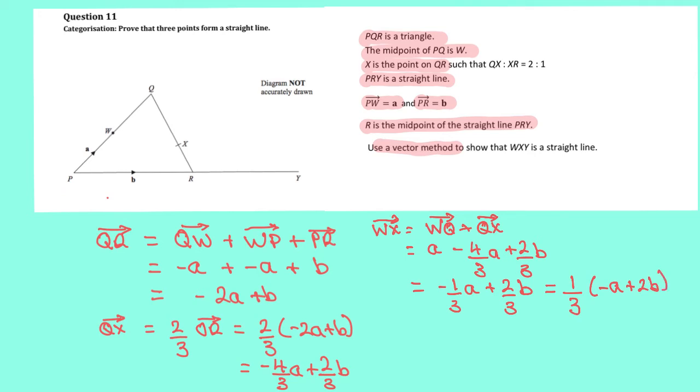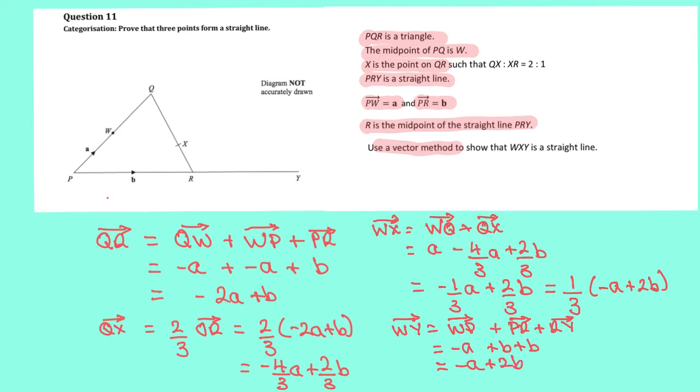Now find WY. WY is equal to WP plus PR plus RY, which is equal to minus A plus B plus B, which is equal to minus A plus 2B.